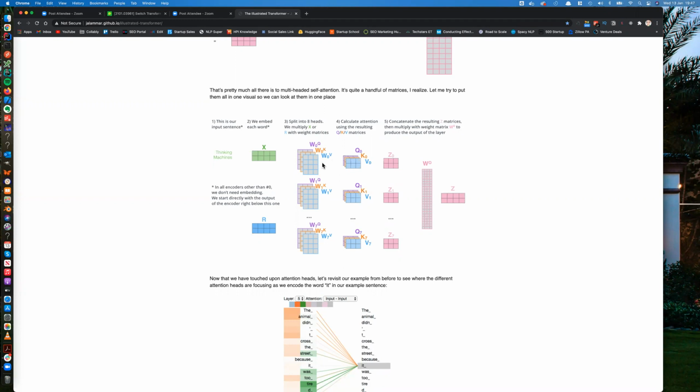And having the Q, K, and V dimension equal to the dimension of X divided by the number of heads is explained in the Attention Is All You Need paper: it's just to keep the computational and memory cost of multi-head modules the same as it would be with a single head. Yes, because essentially you could have one single head with the full dimension, or you could split it up. Okay, yeah, I get it.